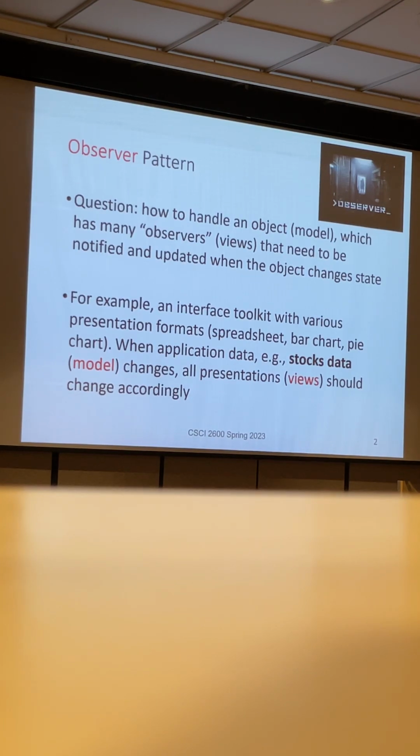The model doesn't change, but there might be multiple views for the same model. And the idea behind the observer pattern is that the model should be separated from the views so that we can easily switch views, or we can easily provide multiple views without affecting our data, our model.